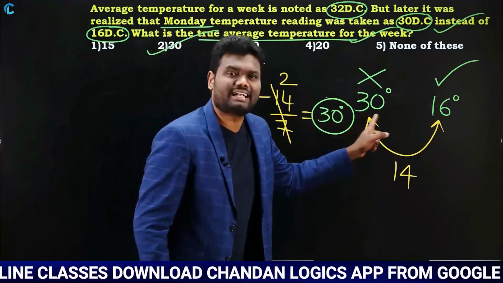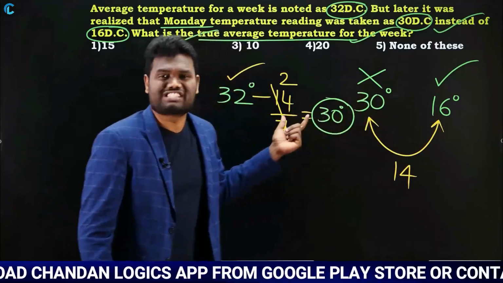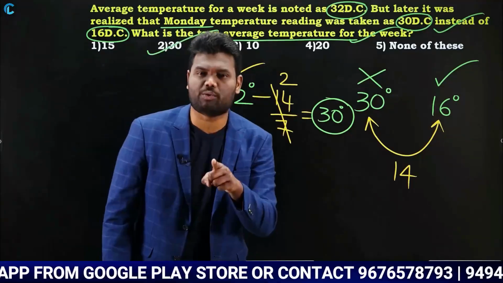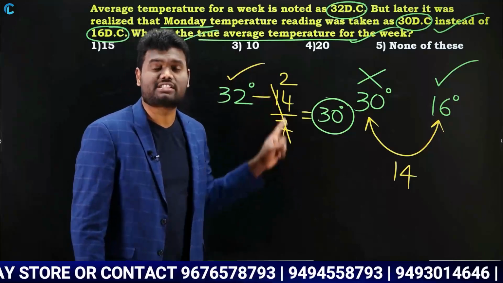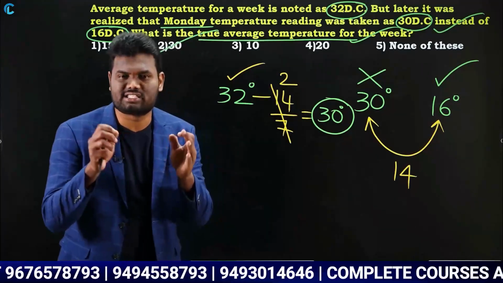That is why, for 30 and 16, the difference is 14. As the wrong value is more, I need to subtract it. So 14 divided by 7, because it was mentioned for a whole week, and a week is 7 days. 14 by 7 is 2, so 32 minus 2, the answer is 30 degrees Celsius.